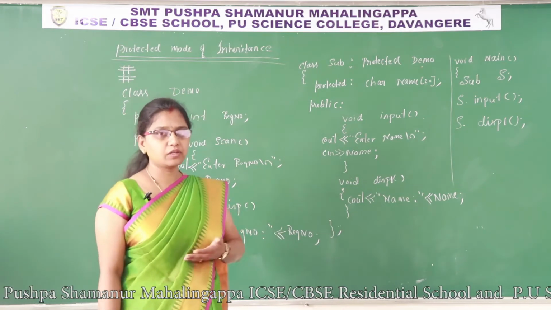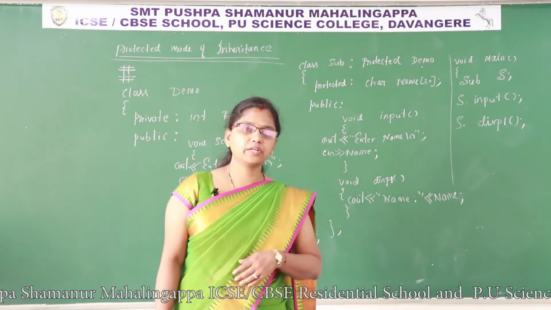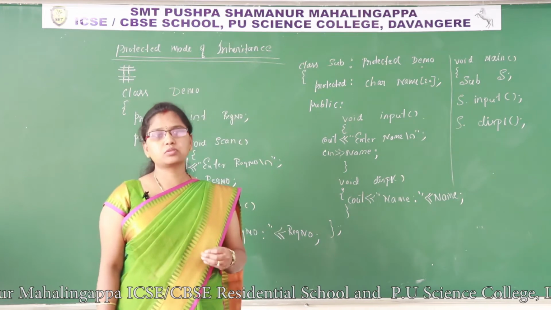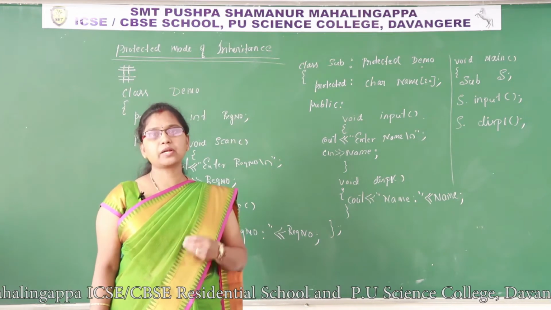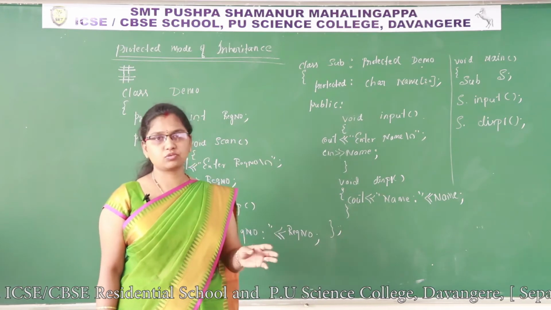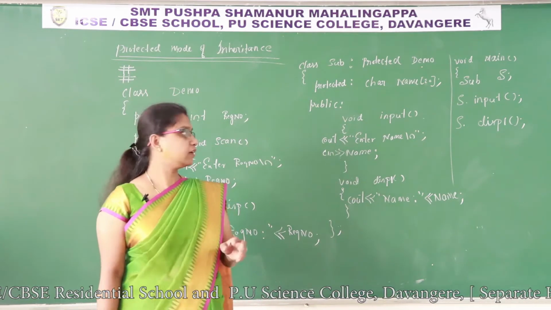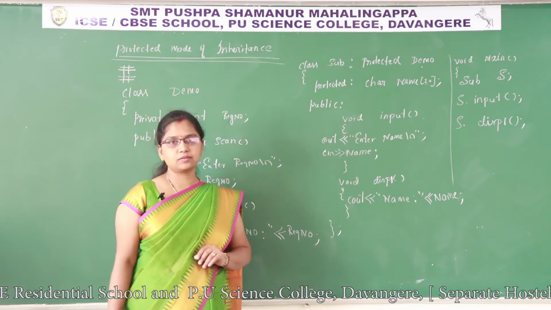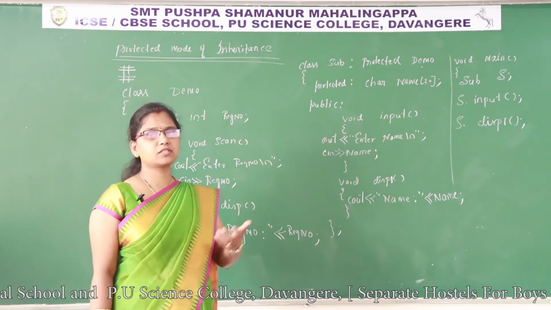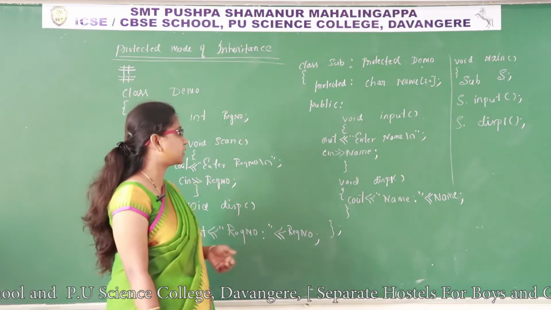Understood? Usually, to provide data security, we declare data, variables and attributes in the private or protected section. We did not take functions in the private section so far. We had taken functions in the public section. But sometimes we can take functions in the private or protected section also.